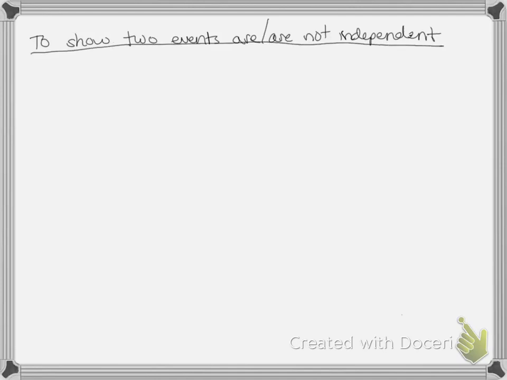So on my next slide, there's only one more note I want to make, and it's to show two events are or are not independent, right? So we want to show whether or not they are independent. So it's are A and B independent?